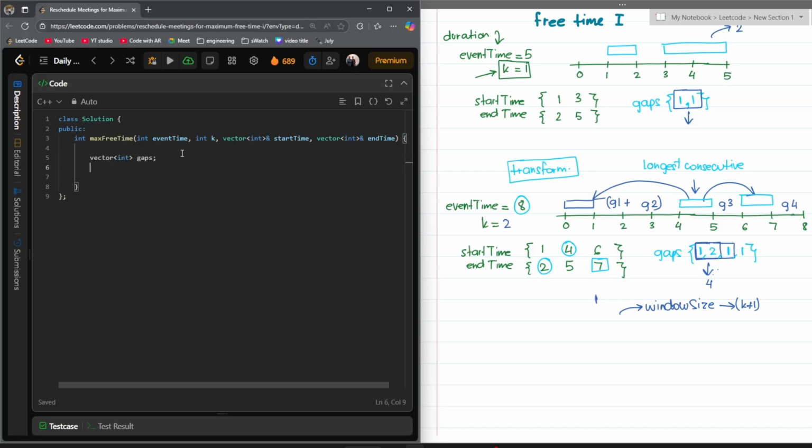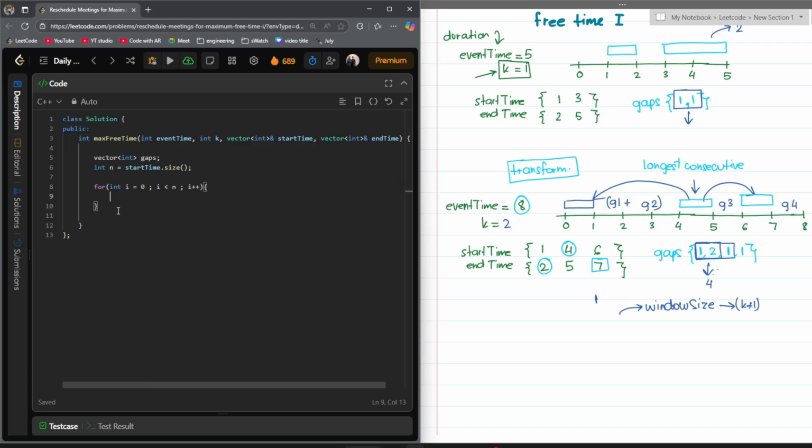Then I need to iterate over start time and end time. So int n equals start time dot size, so that I can iterate over the start time and end time vectors at the same time, because both of them have the same size. And I need to think about the gaps considering both the arrays at the same time, right? Okay, so for int i equals 0, i less than n, i plus plus.